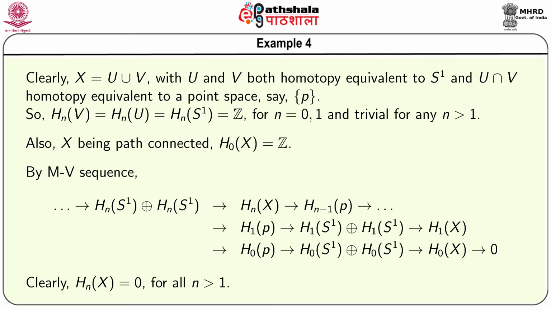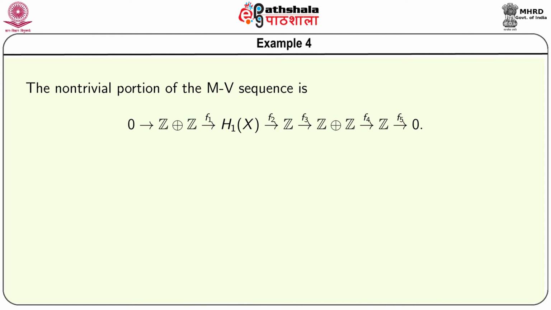So, this is an exact sequence. Clearly, we see that Hn(X) is equal to 0 whenever n is taken as any integer greater than 1. Therefore, the non-trivial portion of the sequence takes the following form.